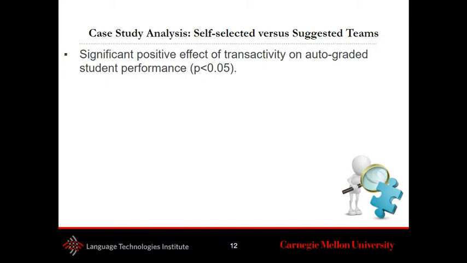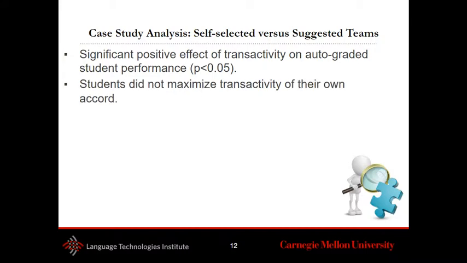The first thing we checked was whether there was some evidence that the estimated collaboration potential actually made a prediction about how well students would perform in teams. And actually, in terms of the auto-graded portion of the software produced by the students, we did see a positive effect that was consistent with what we would expect from the prior validation studies.